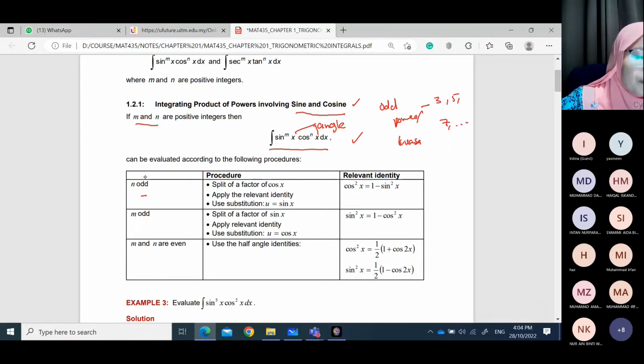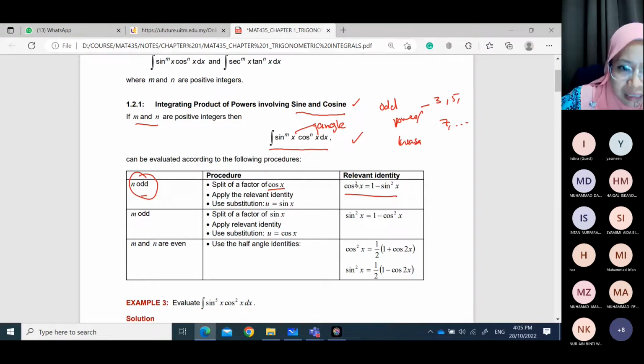So, sebagai contoh, katakan power bagi cosine adalah odd. Jadi, you kena faktorkan bagi cosine. So bila difaktorkan bagi cosine, and then kita akan gunakan identity yang berkaitan lah. So identity untuk yang ini adalah cosine square x equals 1 minus sin square x.